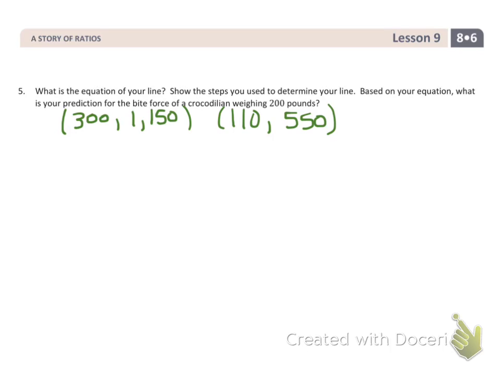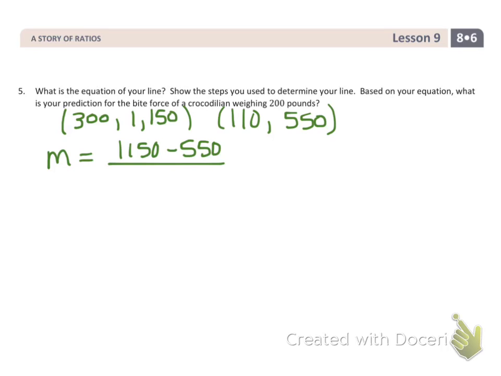Now we're asked to predict the bite force for a crocodile weighing 200 pounds. So we're going to use our equation of our line to do that. To find this equation, now that I have 2 points, I can find the slope of my line. My slope is the difference in y, 1,150 minus 550.